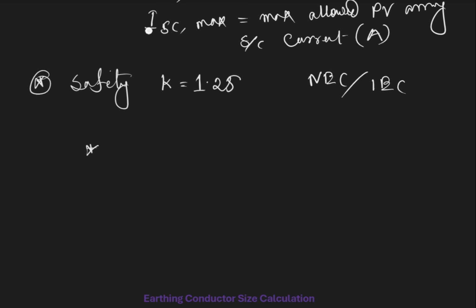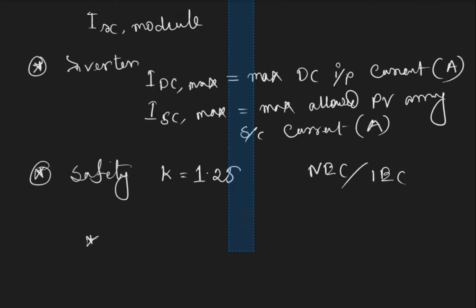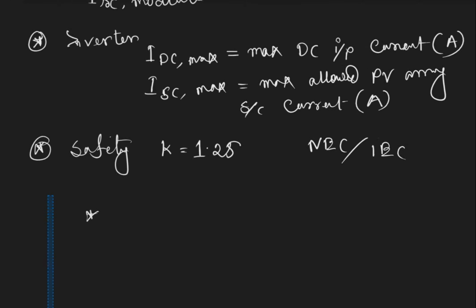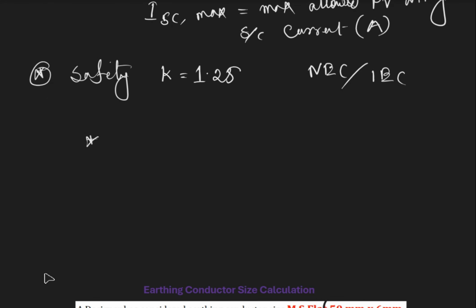So now, if we consider these first three points, this is point number 1. Under this point number 1, again I'm going to give a summary: the PV module, then the inverter, and the safety factor based on the guideline given by your country.